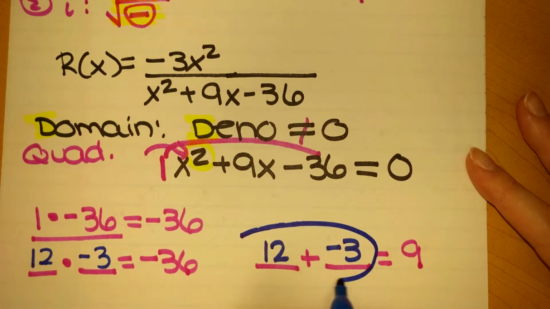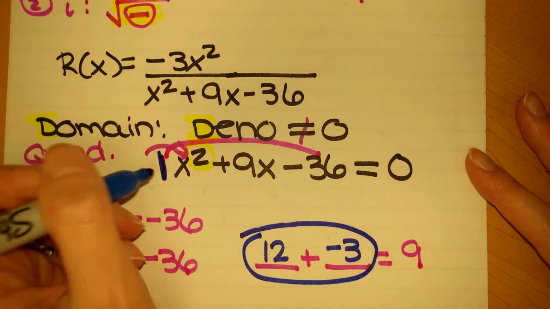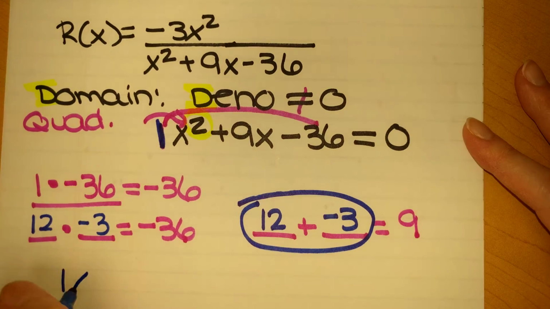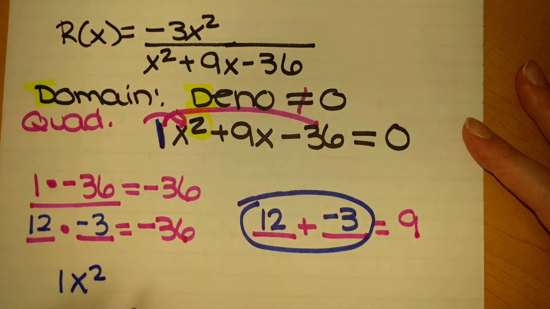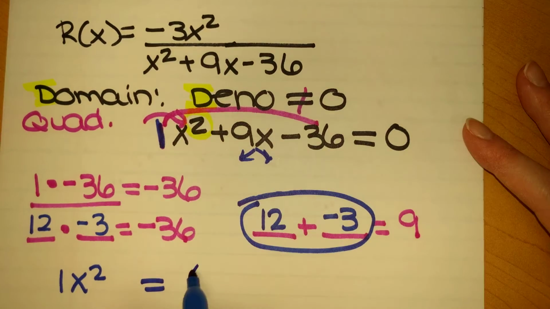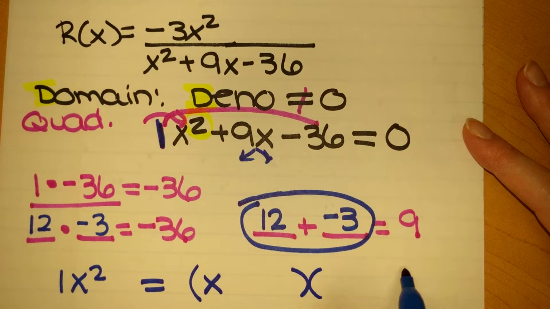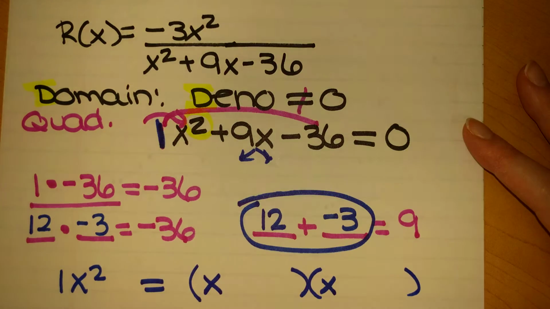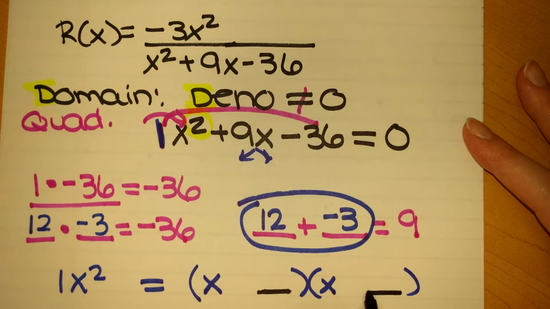Now, this question is nice because we have a 1x squared. Anytime you have a 1x squared for the polynomial, you don't have to split up the middle term in order to factor it. You can just write it as x and x, and then write down that winning combination you found, in this case the 12 and negative 3.